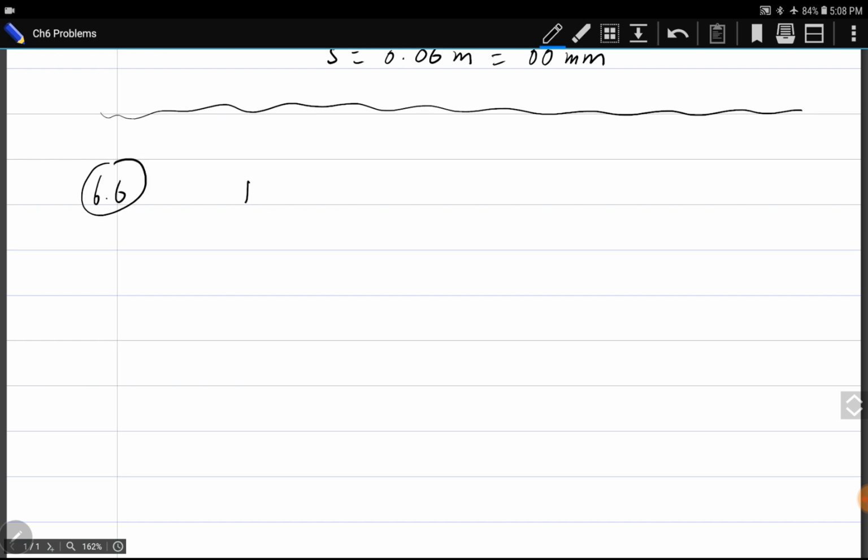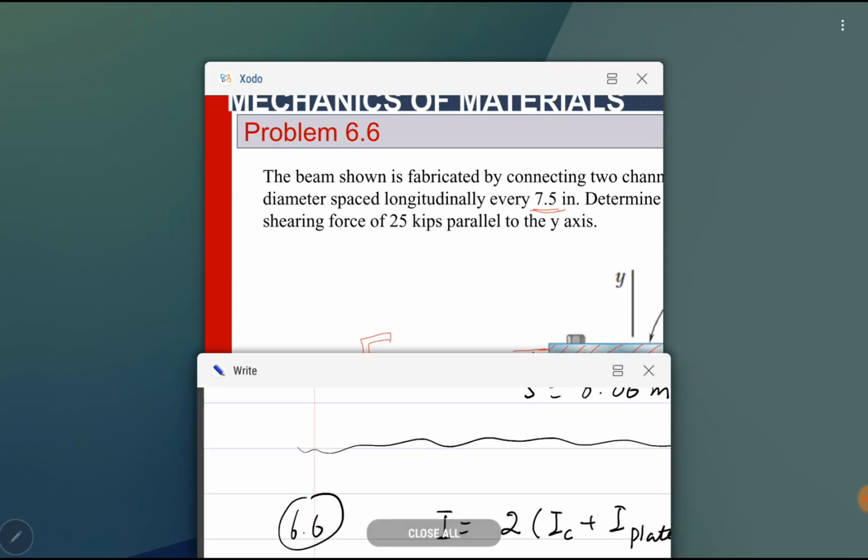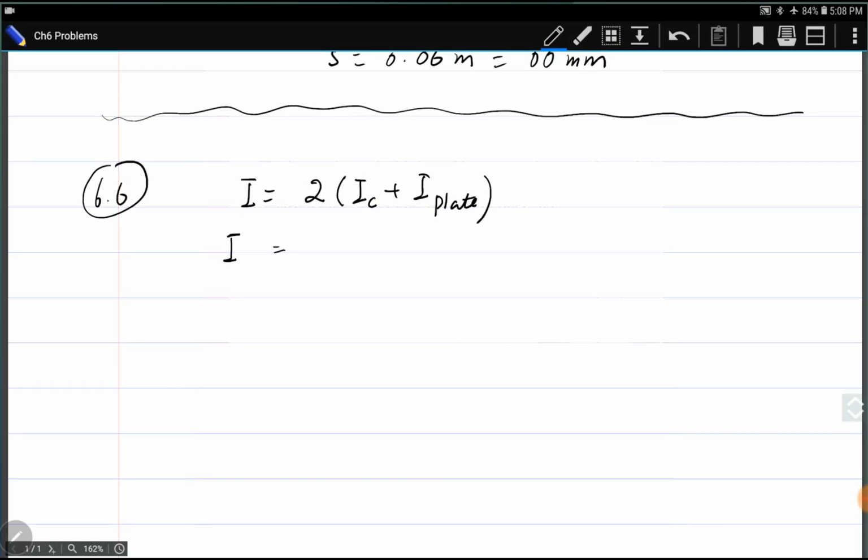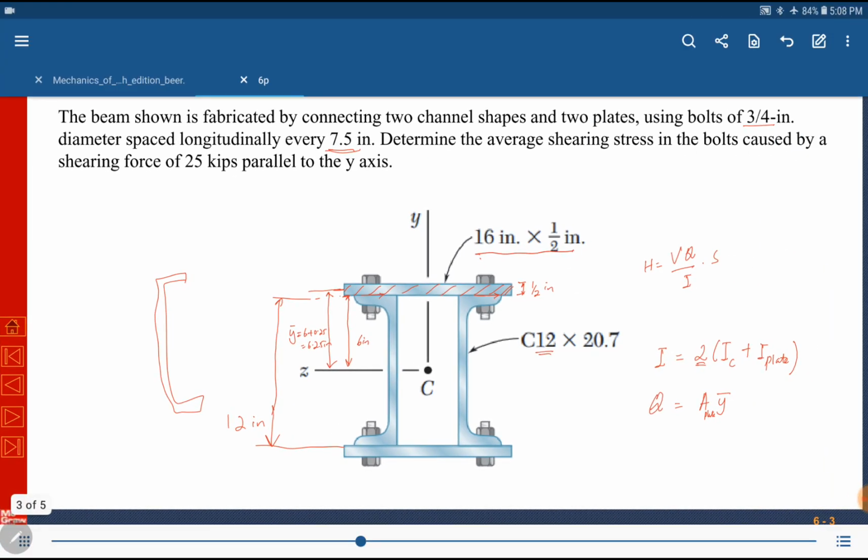I can be calculated using this expression: 2 times I for the C section plus I for the plate. I for the C section can be calculated from the appendix.